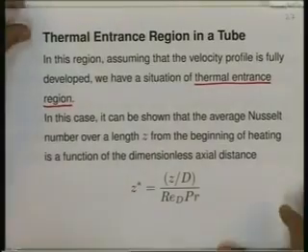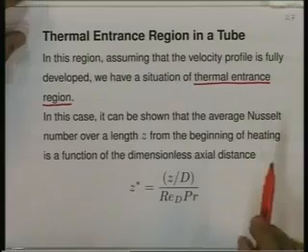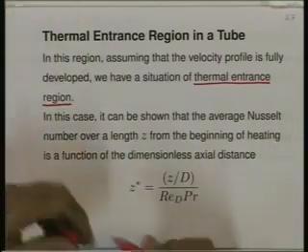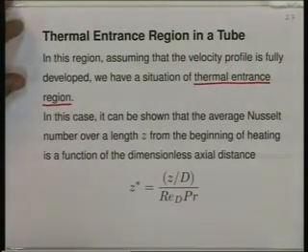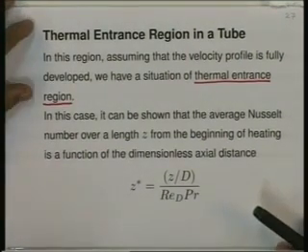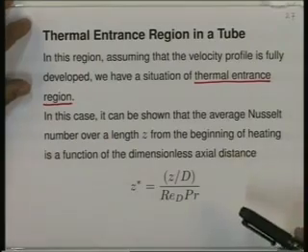So it turns out that both the average Nusselt number over a length Z from the beginning of heating, or even the local Nusselt number at a given Z, is a function of the dimensionless axial distance. See, in the fully developed zone, we notice that it is not a function of anything, it is a constant.